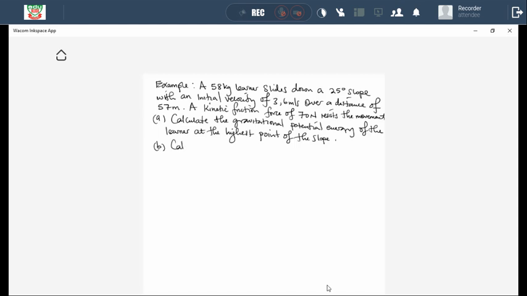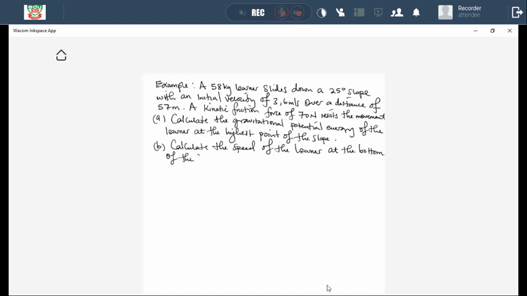The next one, which is actually the final one: calculate the speed of the learner at the bottom of the slope.